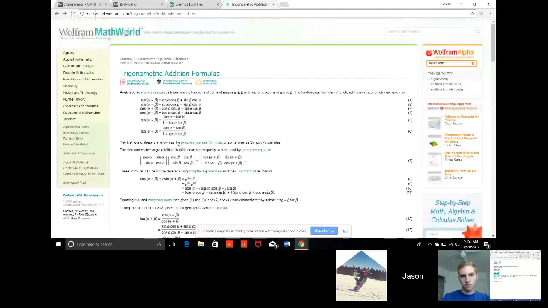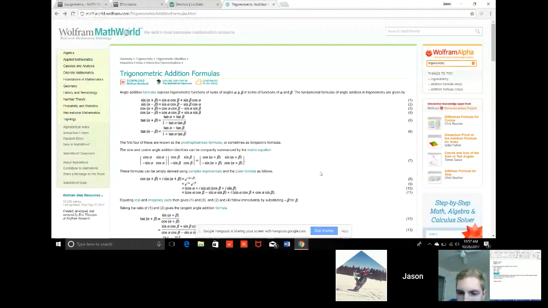Anybody looking at these or not really? I don't know what I'm looking at. That's my problem. Yeah, me neither. That makes sense to me. This one was talking about when you have the sine of a really big angle, you can divide it up into 2, alpha and beta. Same with tangent.